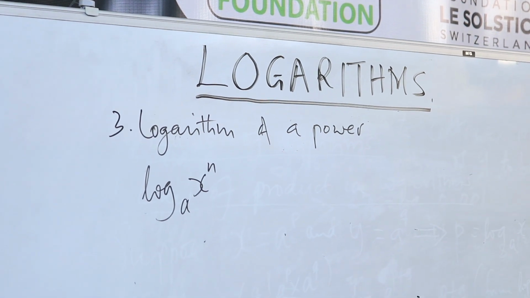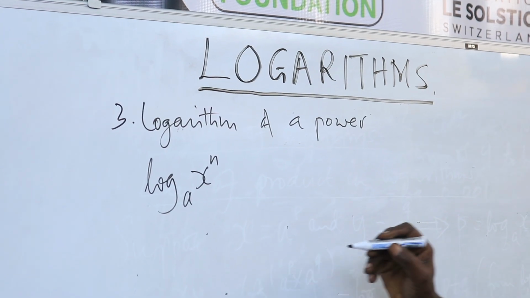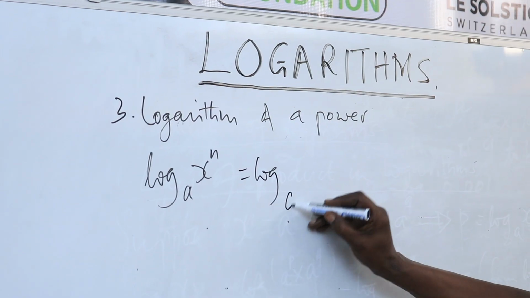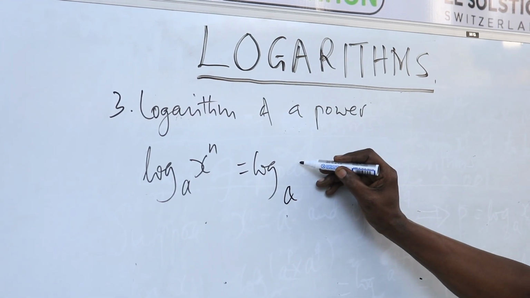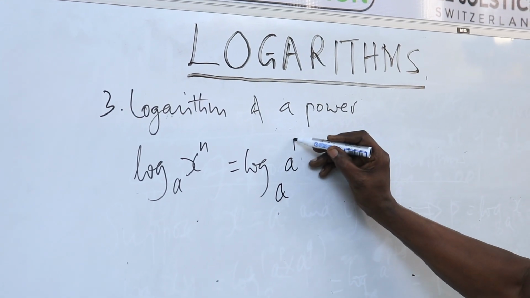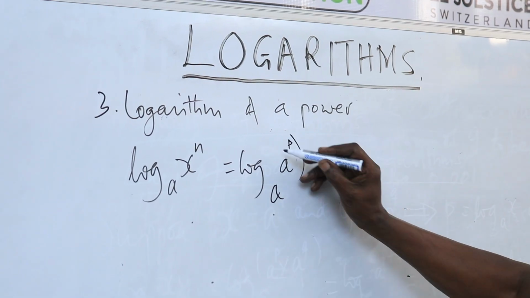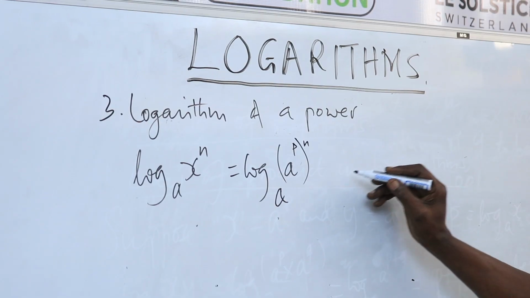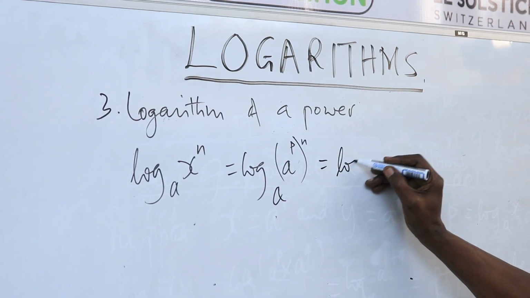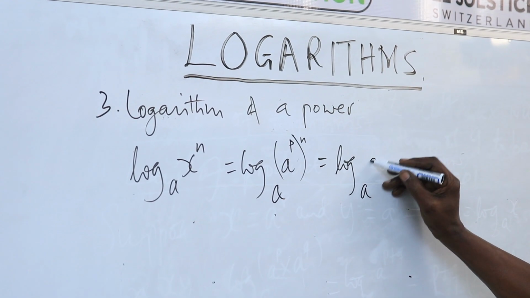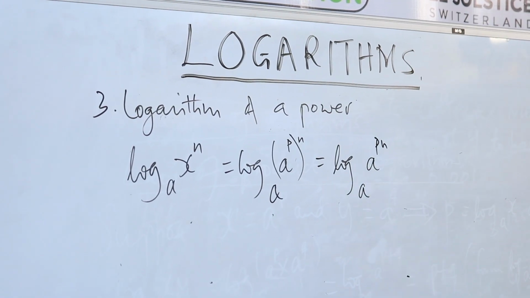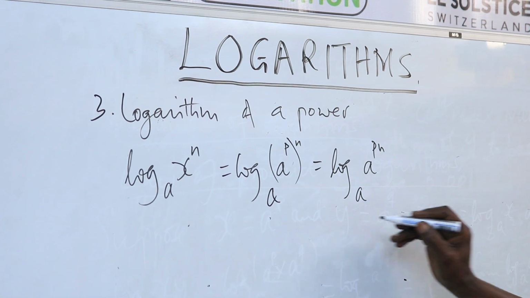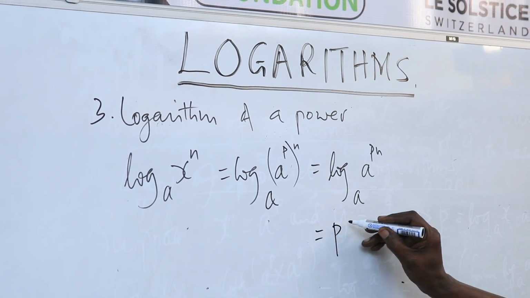But from the earlier steps, we had seen that x was just a exponent b, then raised to n, which is equal to log a of a^(bn). And this is the same as pn.